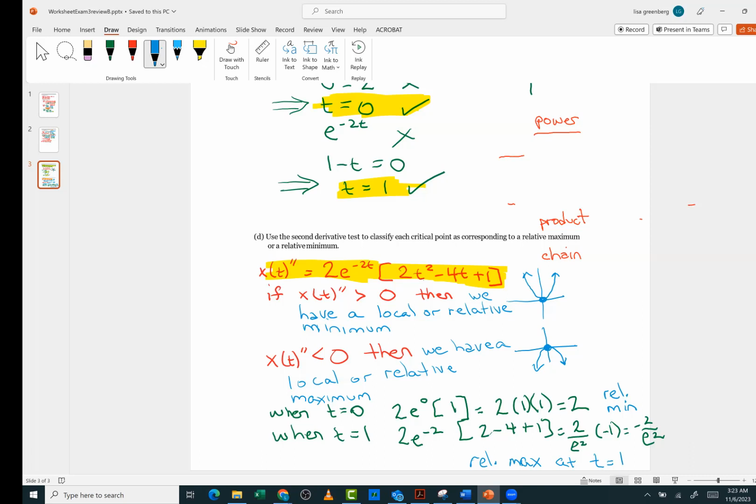Let me state that again. All this tells me is that I have a relative maximum at t equals 1. And that's all it's asking. Use the second derivative test to classify each critical point as corresponding to a relative maximum, or a minimum.